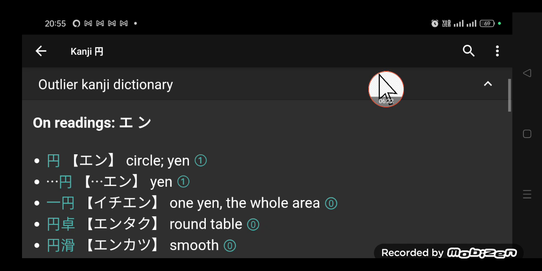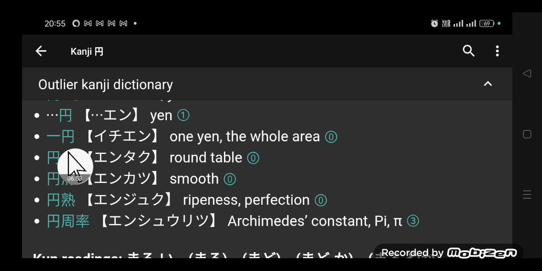Like 10,000 yen is ichiman en. Just like other currencies, you suffix it, as you can see here, dot dot dot n, as in currency, and its other meaning is circle.